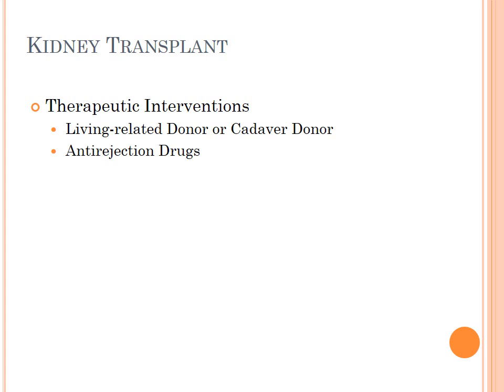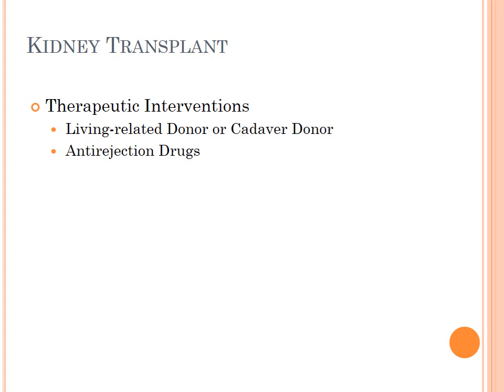And last but not least, we'll talk about kidney transplant. The intervention related to chronic kidney disease and decreased kidney function: dialysis may keep them alive until a transplant can be performed.